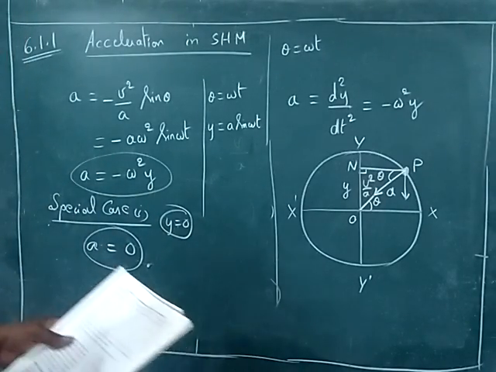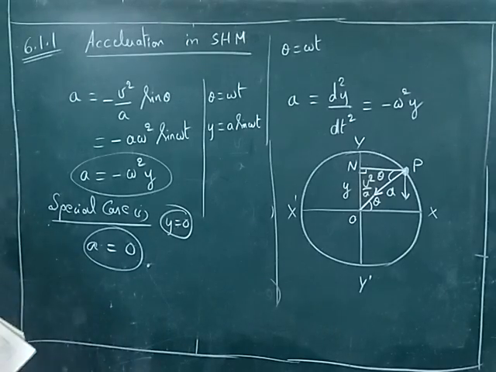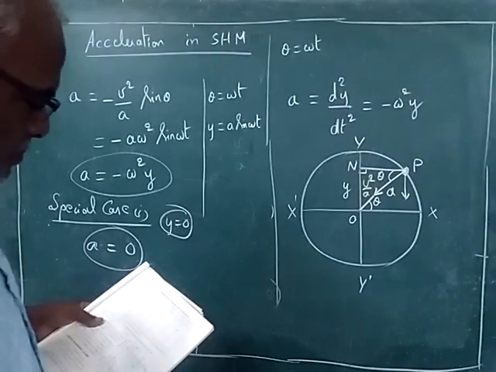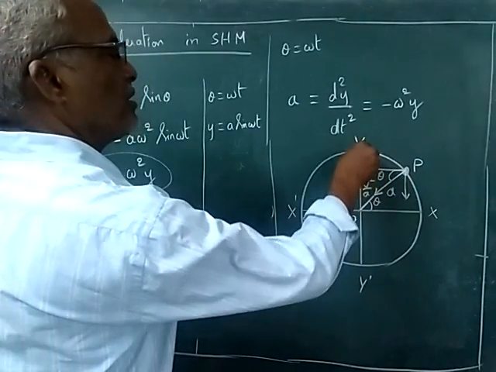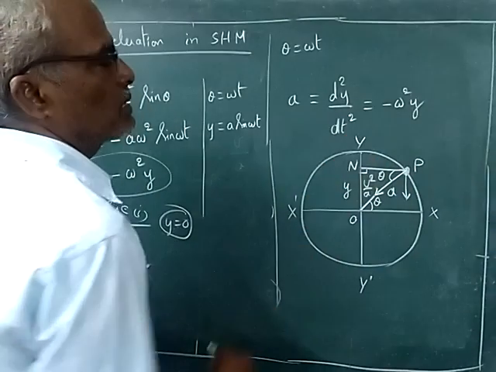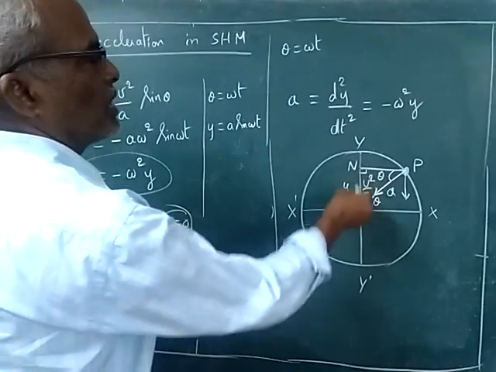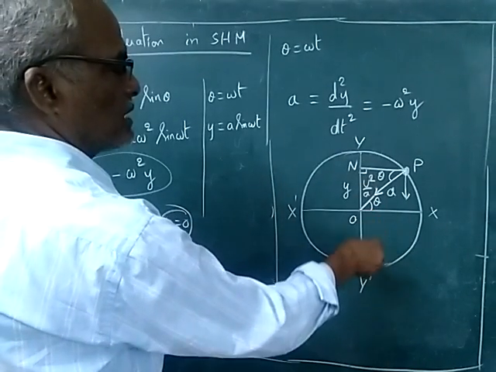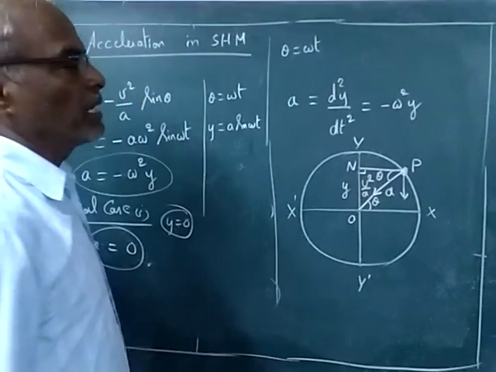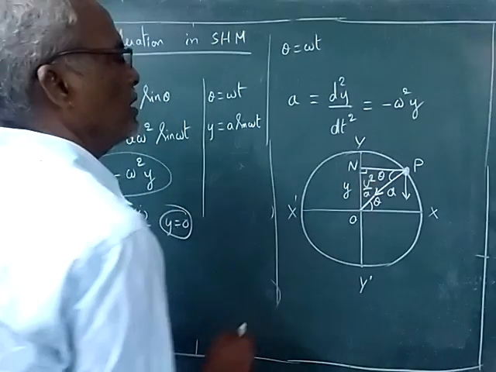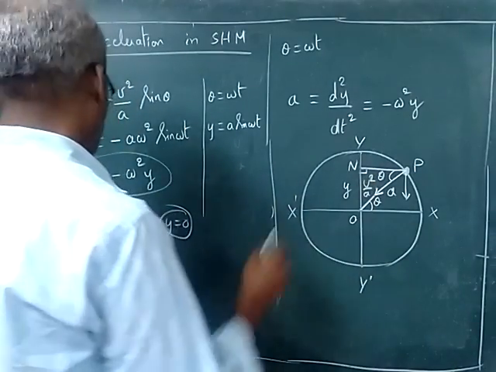Next, when the particle is at the extreme position, means the particle can be here, the maximum displacement, which is equal to a. If you consider this side, this is the negative maximum, it is minus a. If you say this as plus a, this will be minus a.